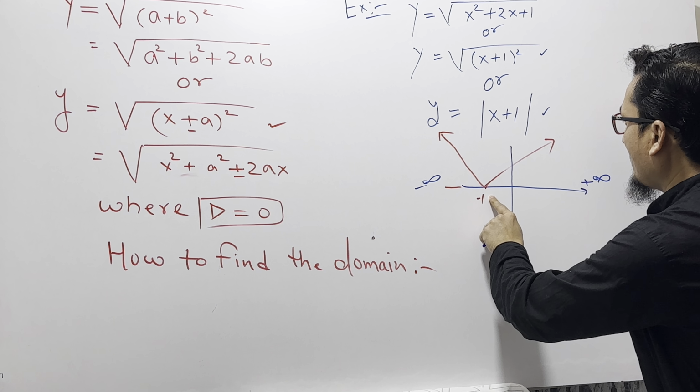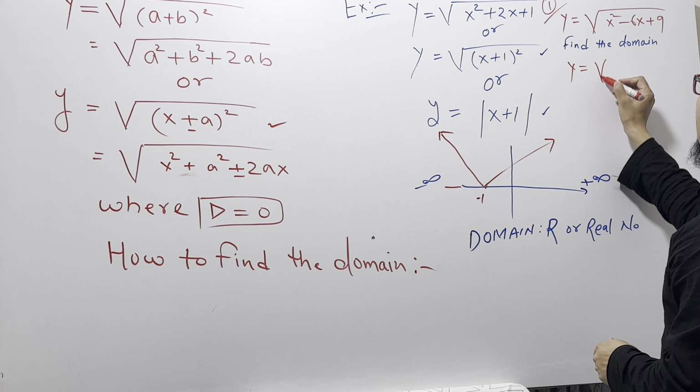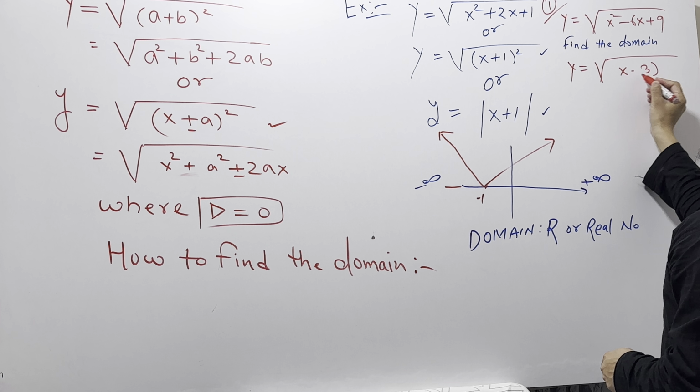I can give you another example. For example, question 2, y is equal to under root of x square minus 6x plus 9, right? I have this equation x square minus 6x plus 9, and the question is to find the domain. You can see y can be written as the square root of (x minus 3) whole square.